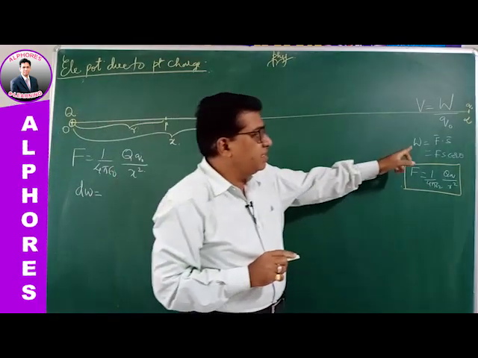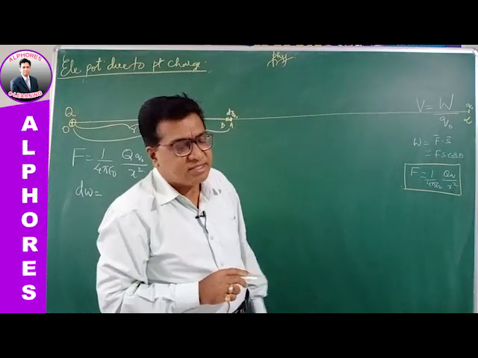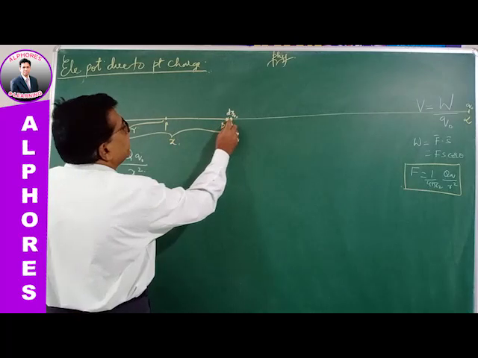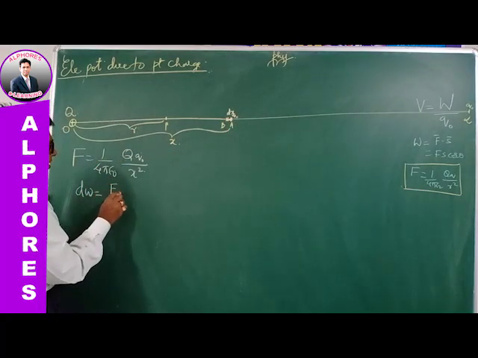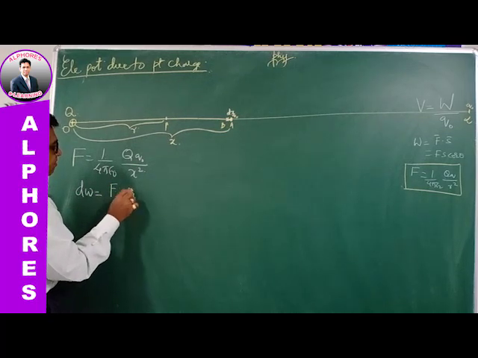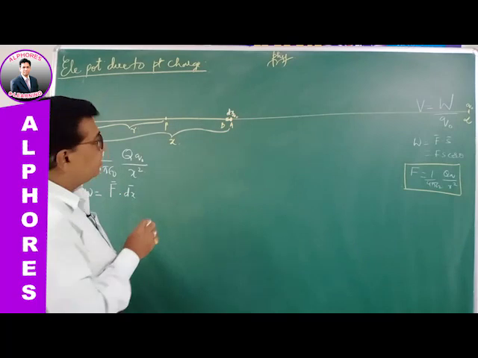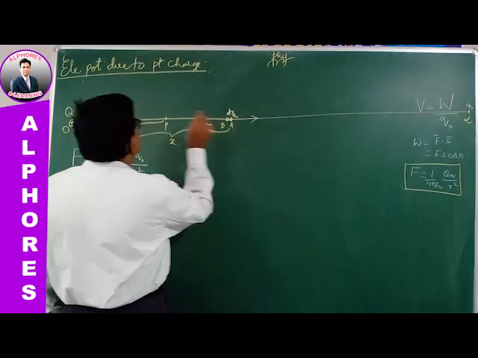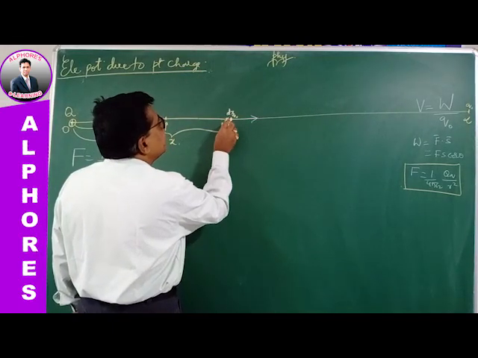Now we have learned in first year that work done is force into displacement, F dot S, which is F S cos theta. So in moving it through a small displacement, the small work done is F dot dx, both vectors. But the electrostatic Coulomb force on this charge is repulsive, while the displacement is this side.